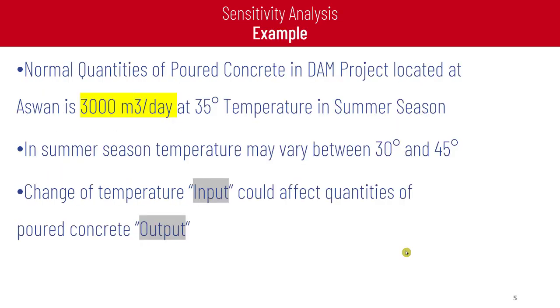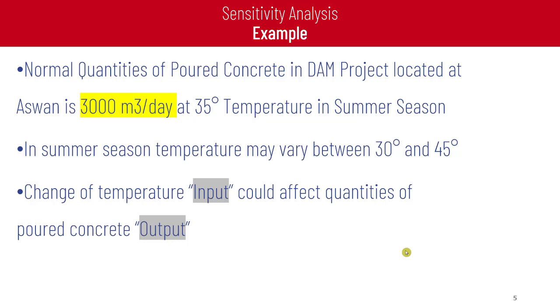One example of sensitivity analysis: if we have a normal quantity of poured concrete in a dam project located at Aswan of 3000 cubic meters per day at an average temperature of 35 centigrade in the summer season. But the summer season temperature varies between 30 degrees and 45 degrees.